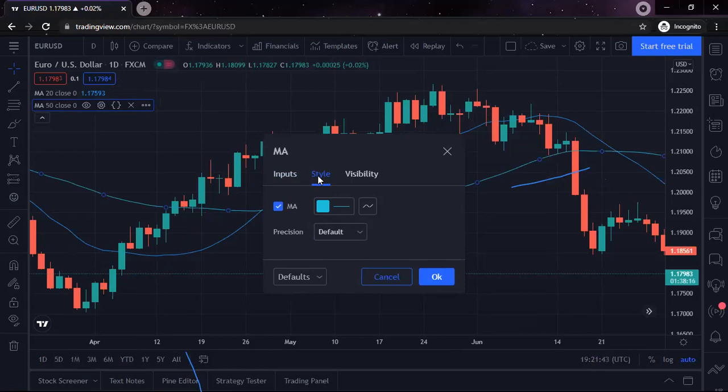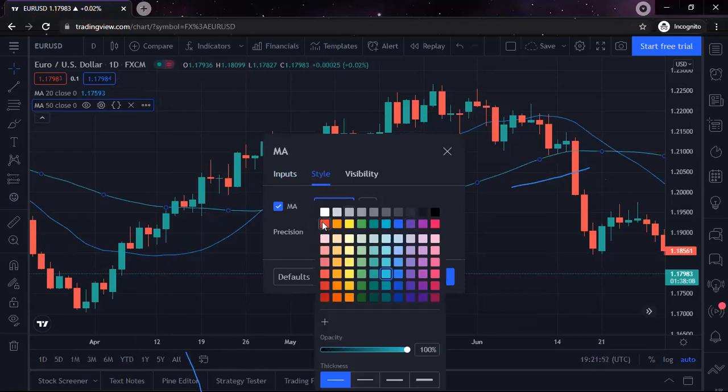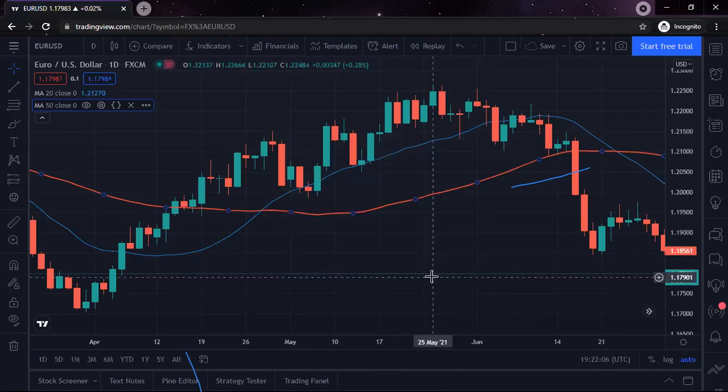What color do you guys think? Red. Okay, let's use red for this. So now we have our red, and now I want us to change the thickness. So let's use this as the thickness.